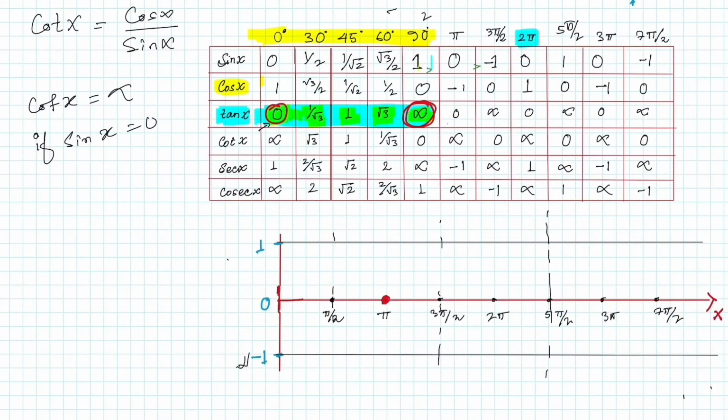Okay, if sin x is equal to 0, and sin x is 0 at those points. Here you can observe the values: sin 0 is 0, then sin pi is 0, then sin twice pi is 0, then sin thrice pi is 0. So you can see that at those points 0, pi, twice pi, thrice pi, the values of sin x is 0.